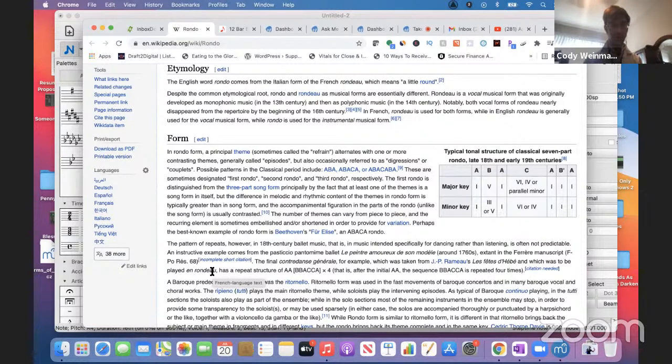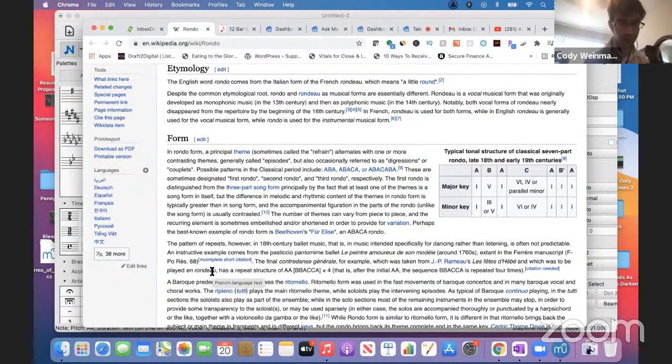These are often referred to as digressions or couplets. So the rondo itself is the refrain, and then you have these little couplets, these little digressions of thematic or non-thematic material that kind of take off.